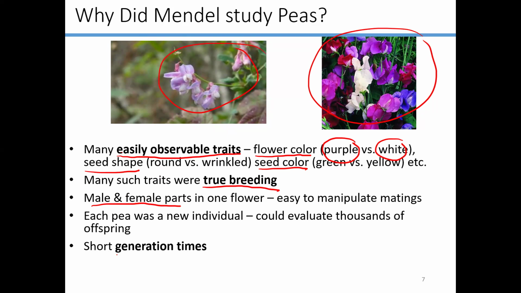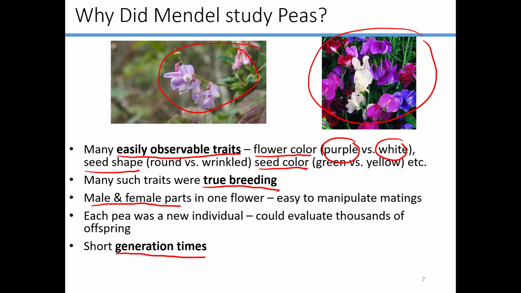Another reason is short generations. It's much easier to do these experiments with organisms that grow and mature very quickly, because you're able to have a large sample size versus organisms that take very, very long. So in this case, Gregor Mendel was able to evaluate thousands and thousands of these, versus if you were to use, let's say, mice or dogs or anything like that, which have a much longer lifespan and a much longer maturing age.